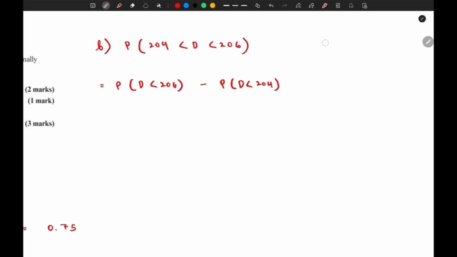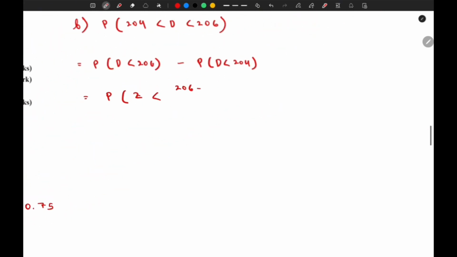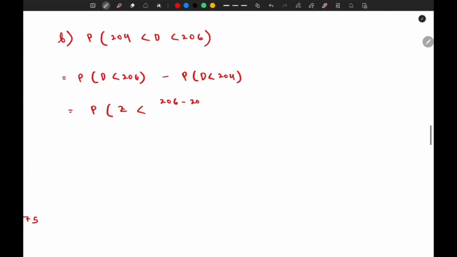So now let's calculate these values. We need to convert these values of d into z. So we can say that the probability of z is less than (206 minus the mean value, the mean is 203) divided by the standard deviation, minus, and the same goes for the second part, z is less than (204 minus 203) divided by the standard deviation.